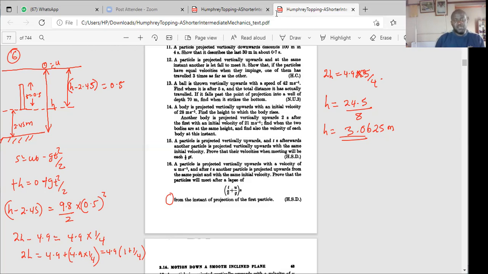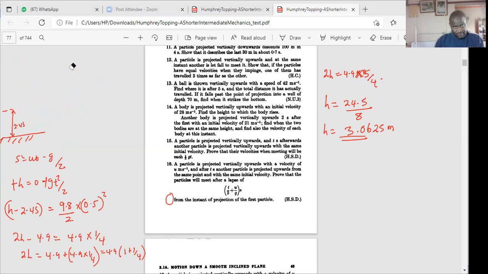Okay, if you have taken a screenshot, I want to rub off this illustration. That is number 10. It's a proof.